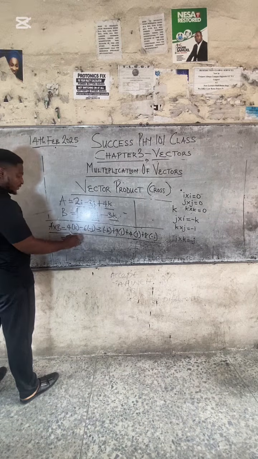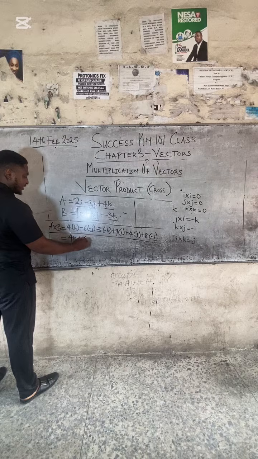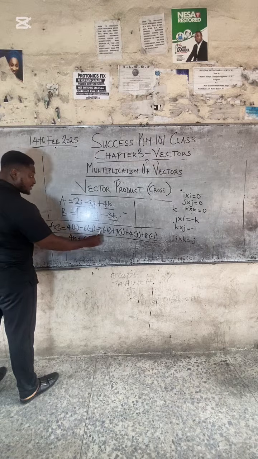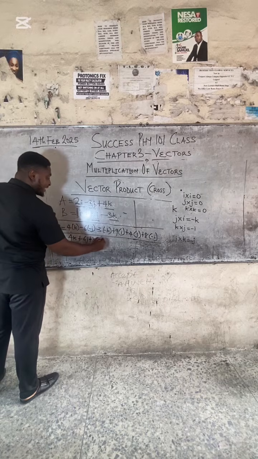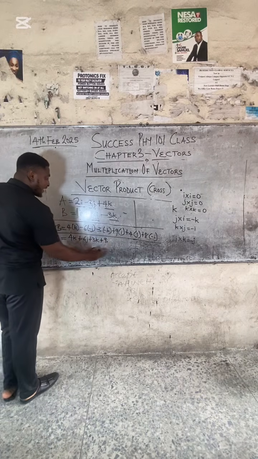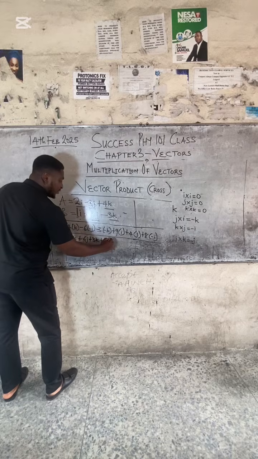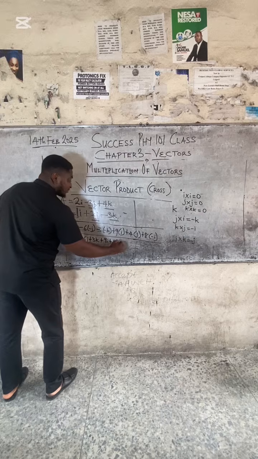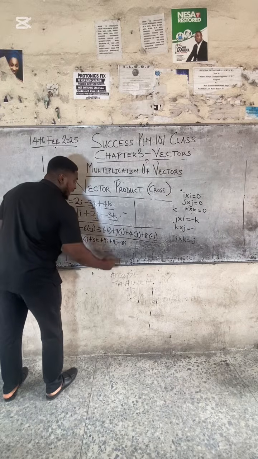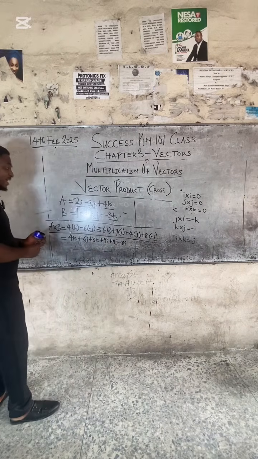Minus times minus is plus. 6 times J is 6J. Minus times minus is plus. 3 times K, 3 times I is 9I. 4 times J is 4J. Plus times minus is minus 8I.